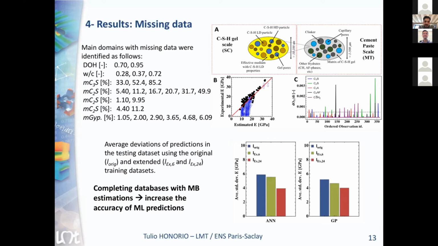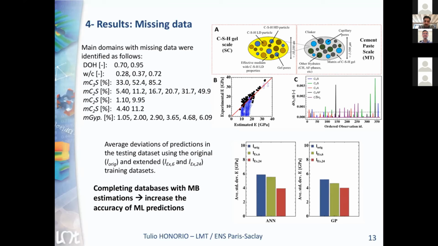And what we have done after that was to use this micromechanics approach to generate new data, and then put this new data in the database in which machine learning would be trained after.